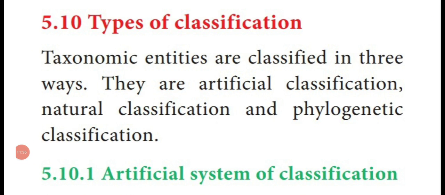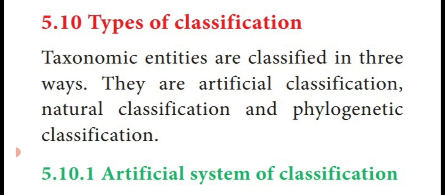Dear students, up to this we have seen different taxonomical aids and their uses. Now we are going to see the different types of classification. Taxonomic classifications are divided into three types.